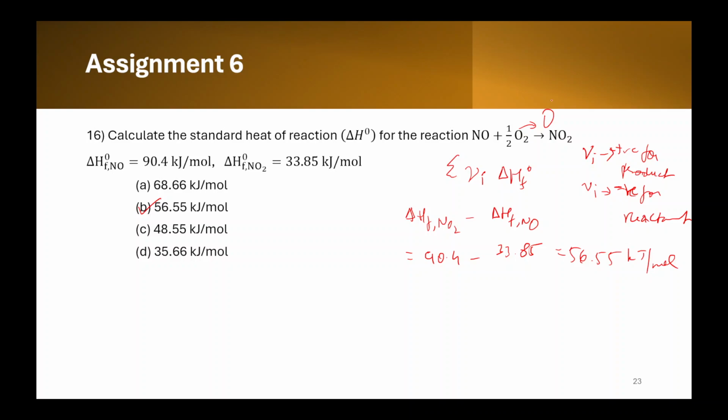Suppose if this equation was written as twice of NO plus O2 giving twice of NO2. So how will you compute the heat of reaction then? It is basically twice of this reaction equation here. So we will have the stoichiometric coefficient, so 2 into 90.4 minus 2 into 33.85. So basically twice of this value.